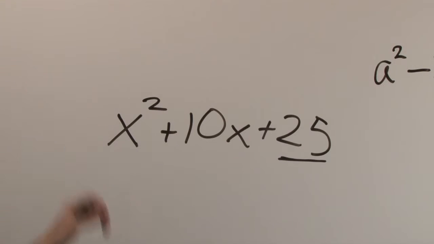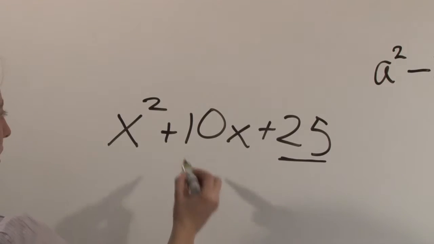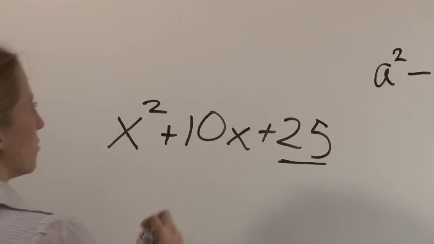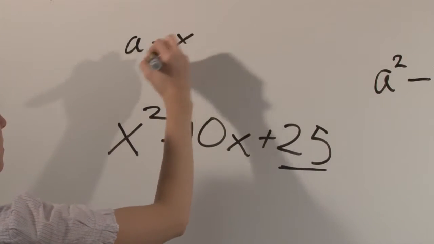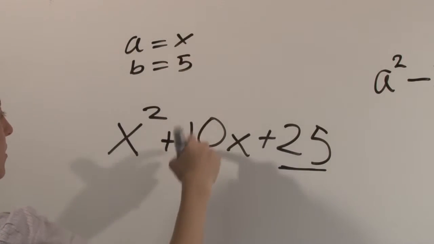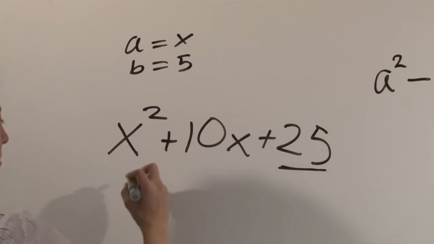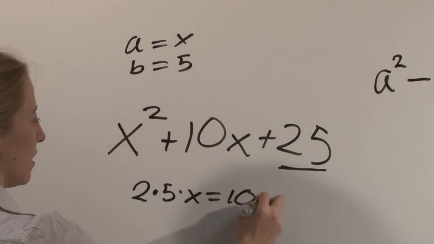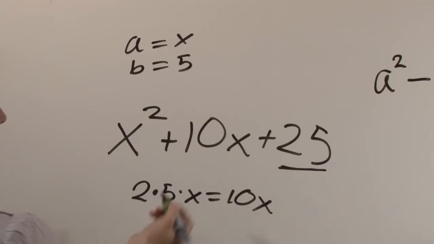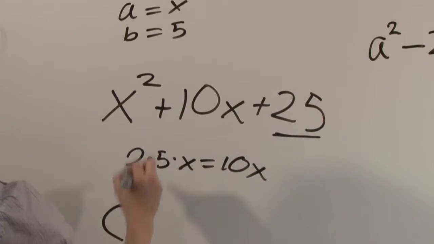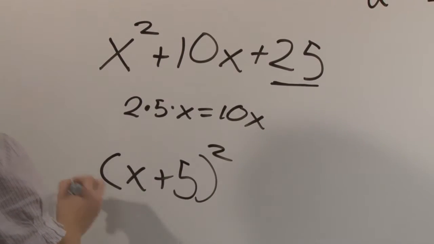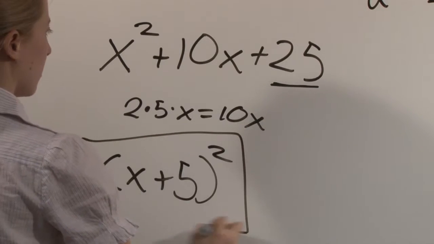X squared is a perfect square. So the only thing I need to look at now is whether this middle term is 2ab. Our a was x, our b was 5. So 10x, if I did 2 times 5 times x, I'm going to get 10x. So this is a perfect square trinomial. So all I'm going to do is take x plus 5 squared, and that would be the answer.